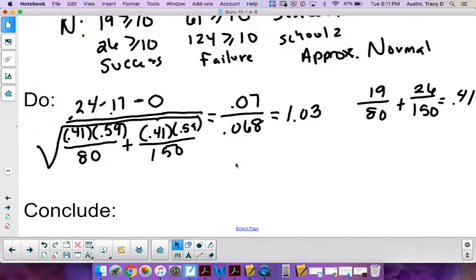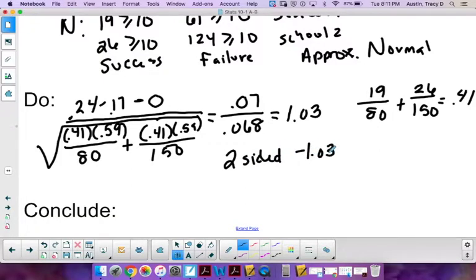Since it's two-sided, right? We go look up negative 1.03, and then we double whatever that is. So negative 1.03 is 0.1515 times 2 is going to equal 0.3030.